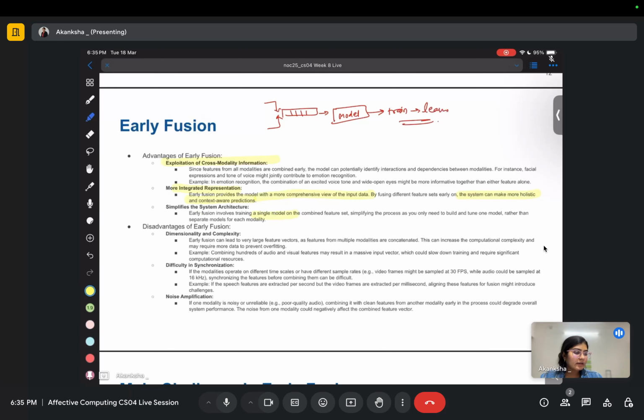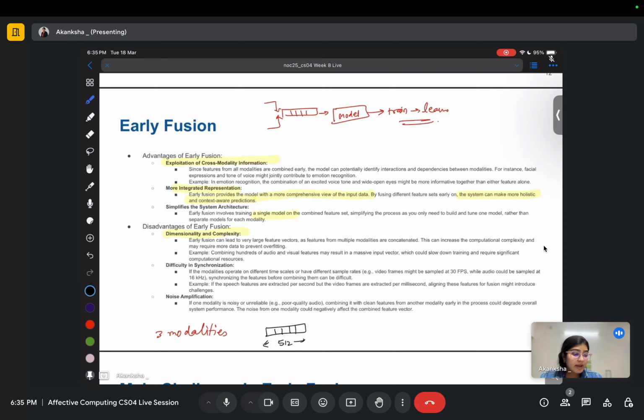Okay, but the disadvantages are also there. The disadvantages include dimensionality and complexity. See, if there are three modalities I'm combining, earlier I only had, let's say, a 512 dimensional vector.